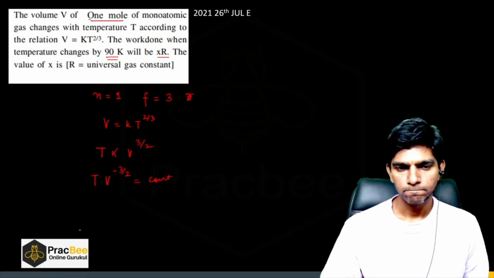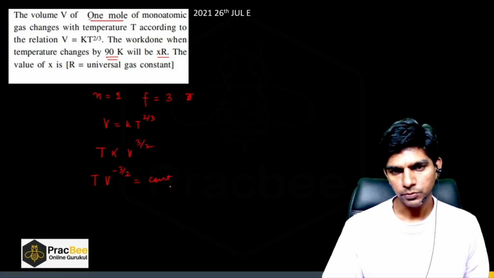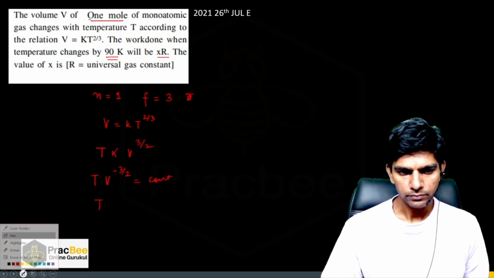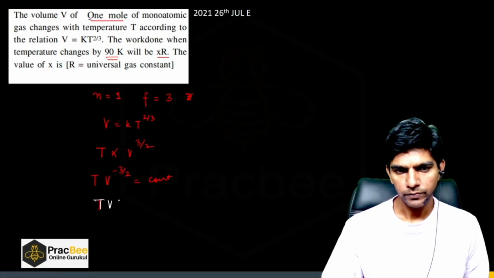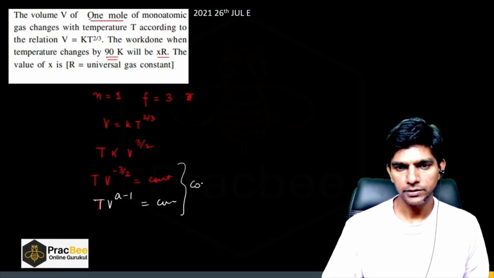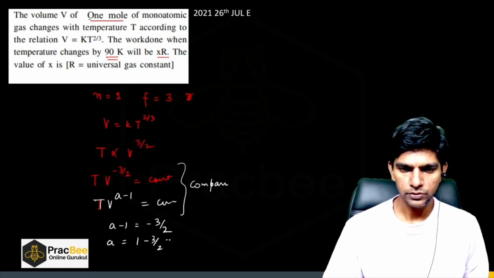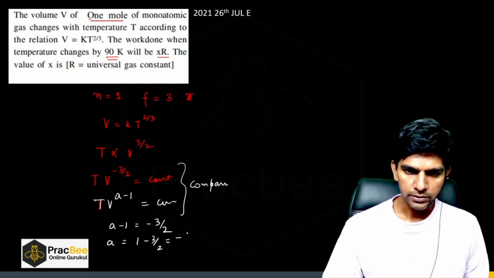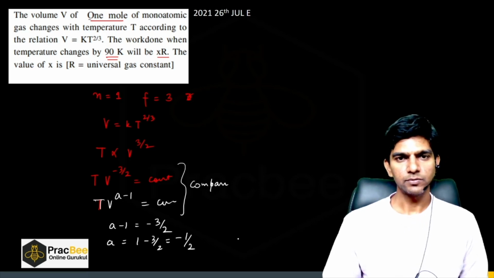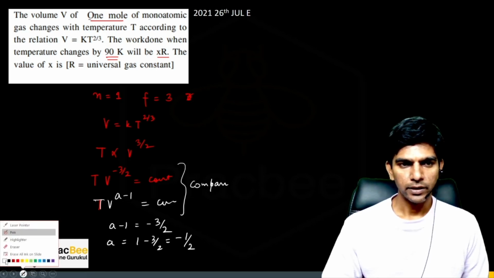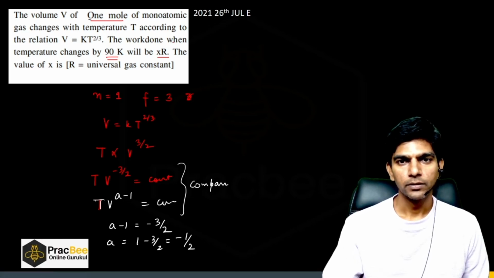So this is constant, right? And we know that in case of a polytropic process, TV raised to power A minus 1 is constant. So if I compare these two results, we can say A minus 1 is equal to minus 3 by 2. So A is equal to 1 minus 3 by 2. So it comes out to be minus 1 by 2. So A is minus 1 by 2. And we have to find the work done.